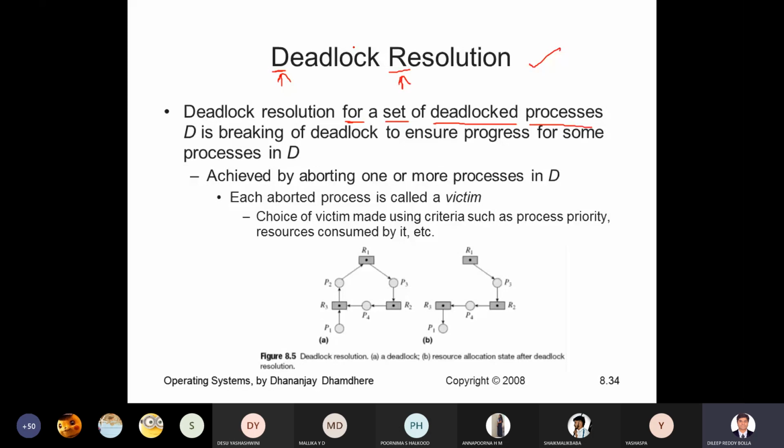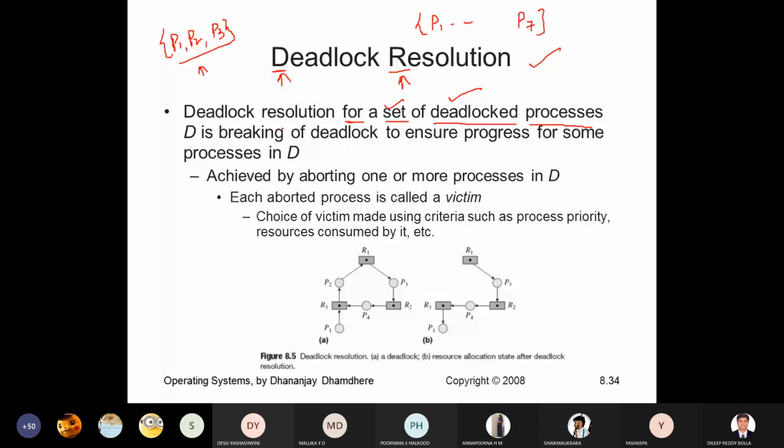Let us say we have process P1, P2, P3 and so on, up to P7. Out of these, three processes got stuck.